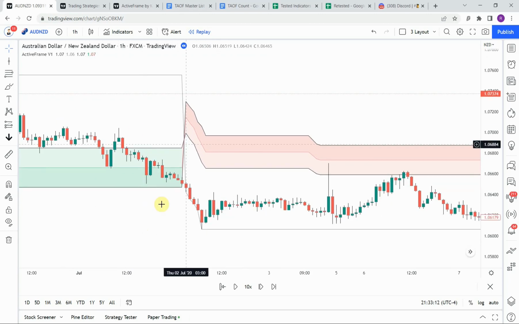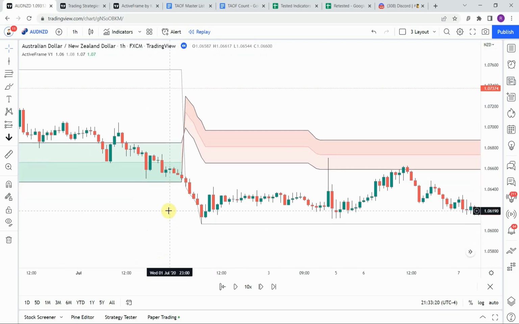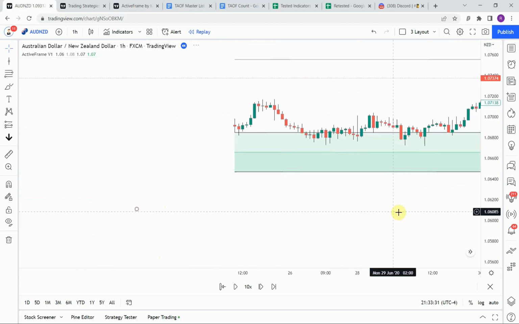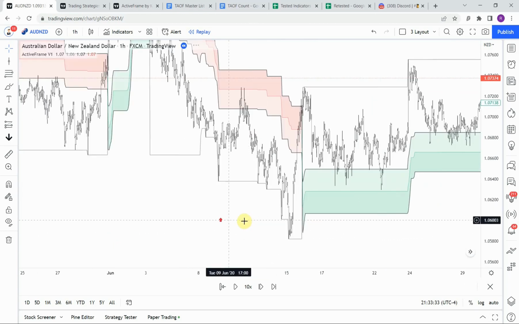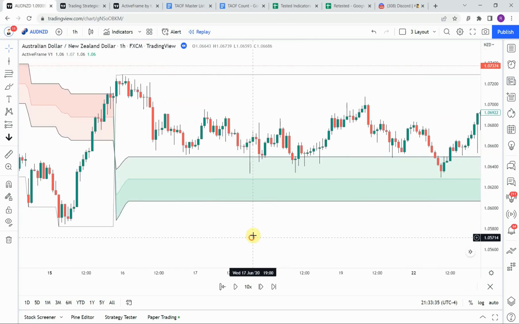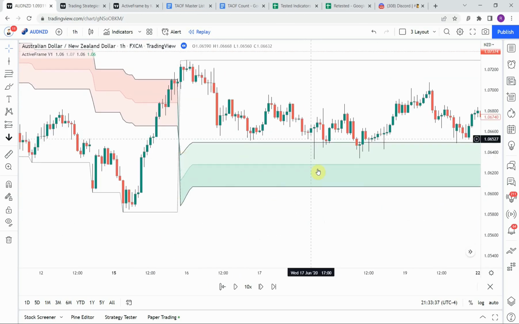And you can see how it shifts right here, going from a green one into a red one. And that is the way we took signals when we tested it the first time. So when it switched to this red color here, we then went short, and when it switched to a green color like here, then we would go long.